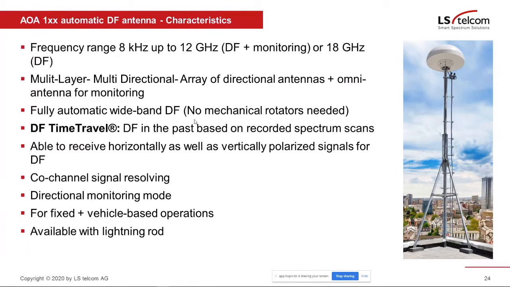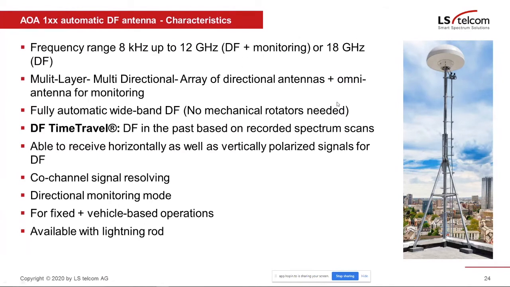For example, you can capture 24/7 a scan from 9 kilohertz up to 18 gigahertz. And afterwards, you can display the stored data, and for every frequency within this range, you can calculate the line of bearing. So you can subsequently perform direction finding.